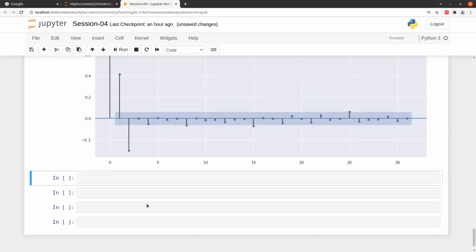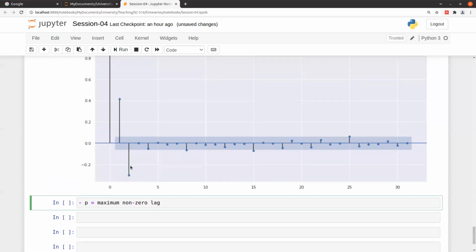The convention is that you identify P as the maximum non-zero lag. Then what is the maximum non-zero lag in here? It's 2, right? It's 2, 1, 2. This one, non-zero lag. Actually, it should be outside the confidence interval.